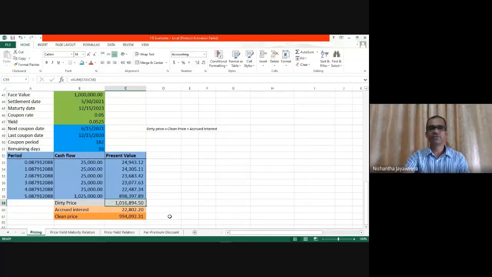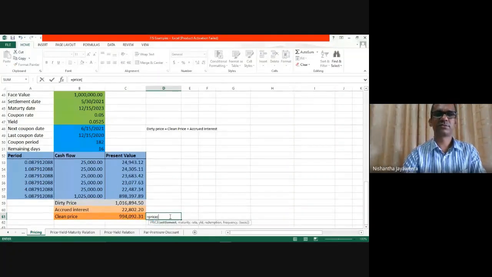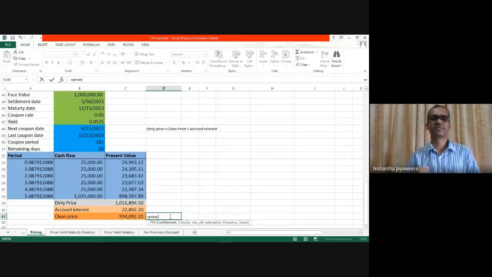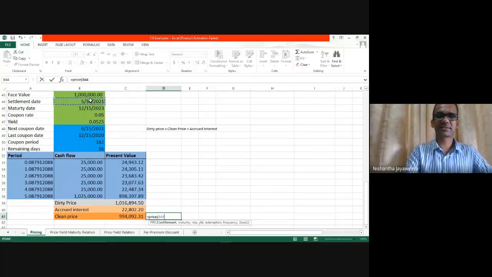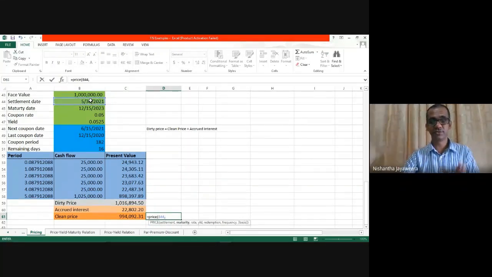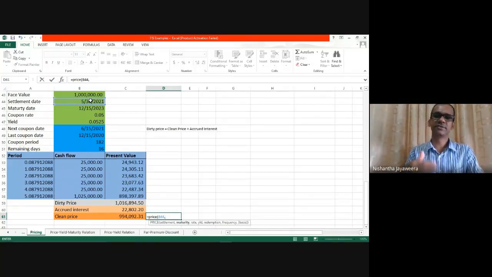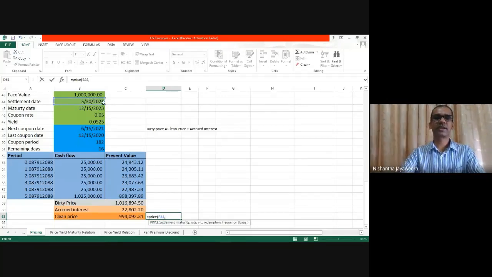One more thing. What do you think if we use the price function? What is the price that we get? Is it the clean price or the dirty price? That's a confusion you will face in real life when you use these functions or a system to calculate.